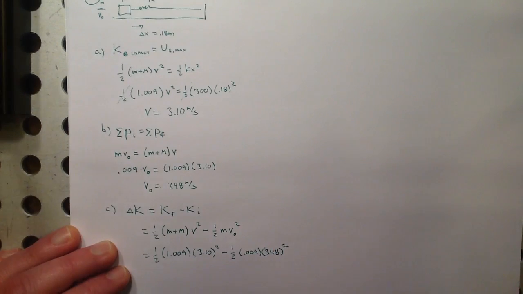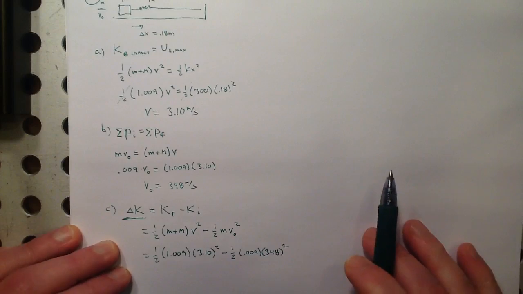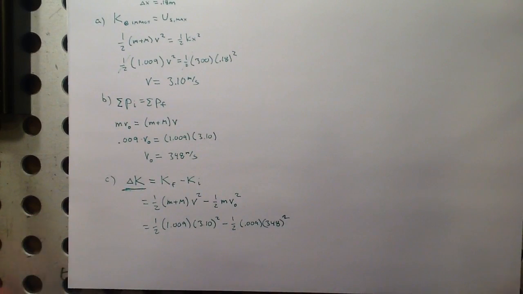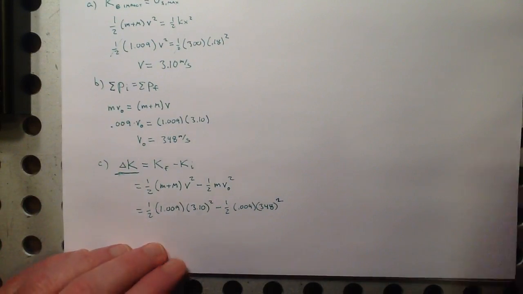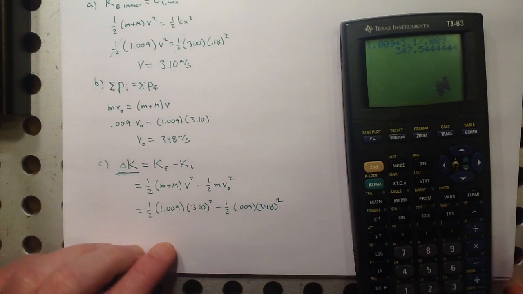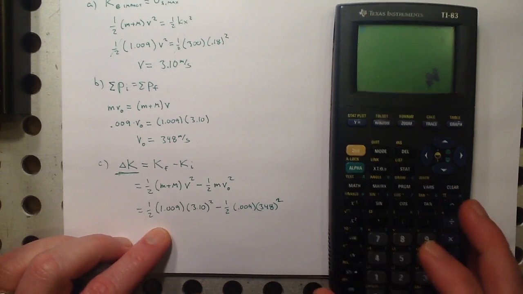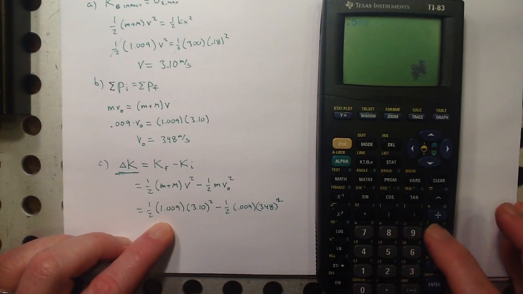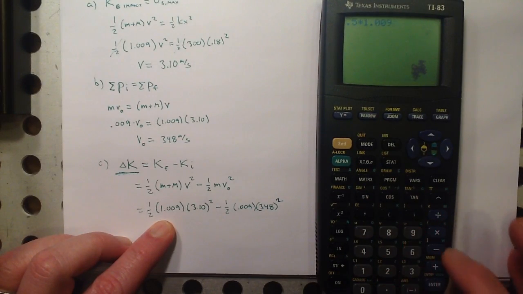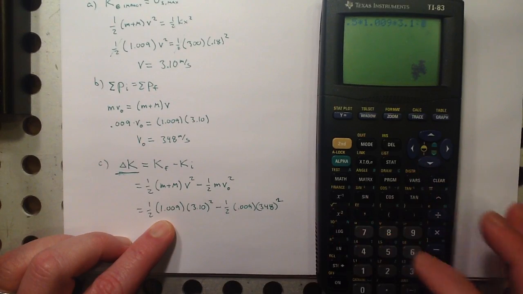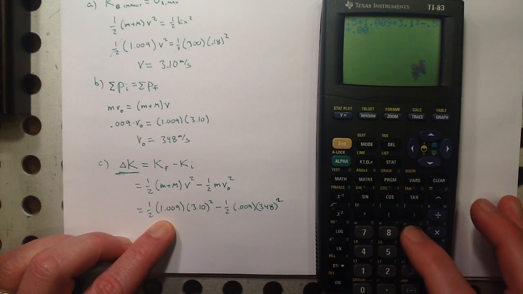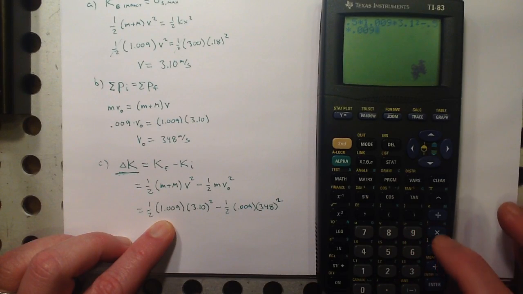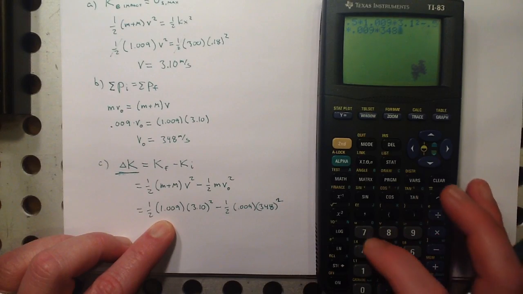And we expect that this is bigger, right? That the initial was bigger. So the change in kinetic energy should be a negative number, right? The 1/2s don't cancel here because we're finding actual energy values, right? There's no other side to cancel them with. Let's see what we get. 1/2 times 1.009 times 3.1 squared minus 1/2 times 0.009 times 348 squared.